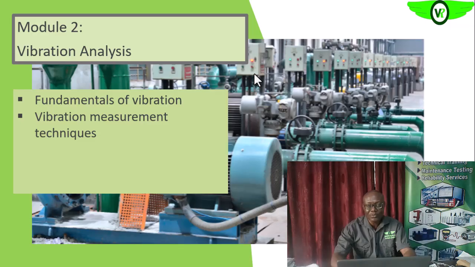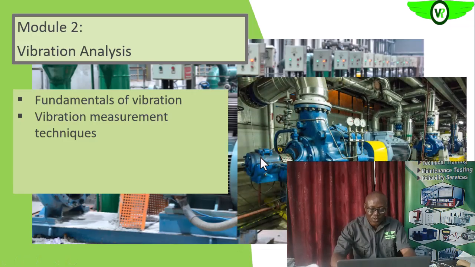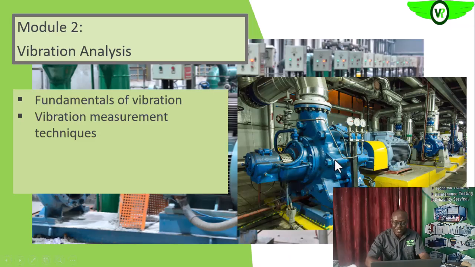Then how we carry out vibration measurements to collect this vibration information from the field, from our equipment in the plant. Okay. So we are going to look at all of that, where on the equipment, the position that we need to carry out those vibration monitoring or gather such information from in the plant.